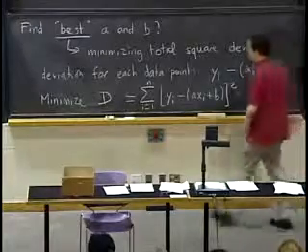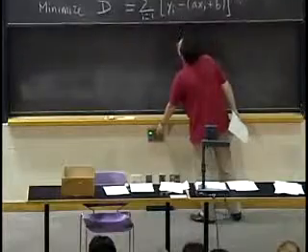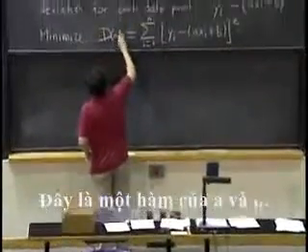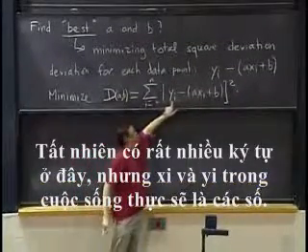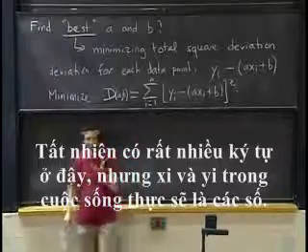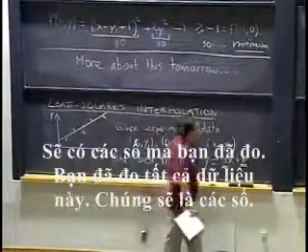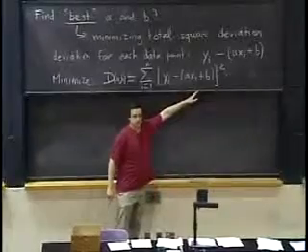Let me emphasize again, this is a function of A and B. Of course, there's a lot of letters in here, but xi and yi, in real life, will be numbers given to you. They will be the numbers that you have measured. You put them in there, and you get a function of A and B. Okay?